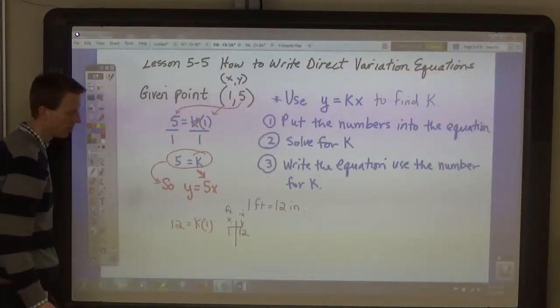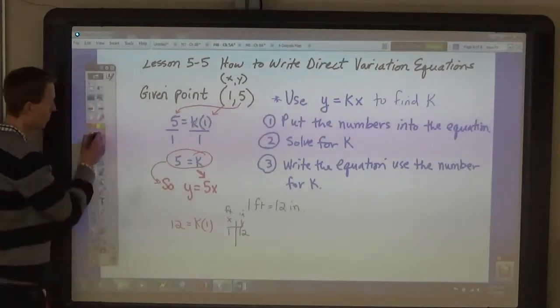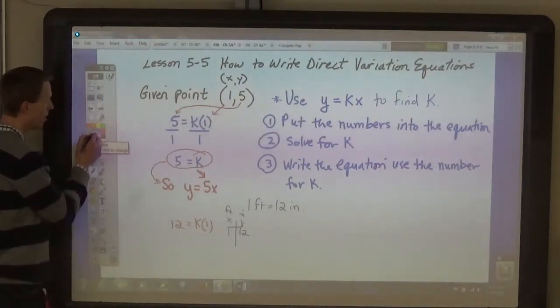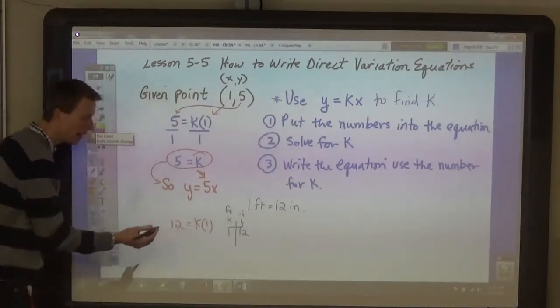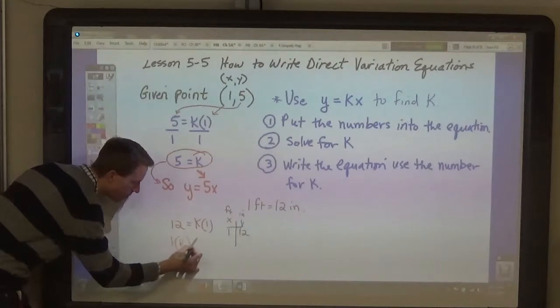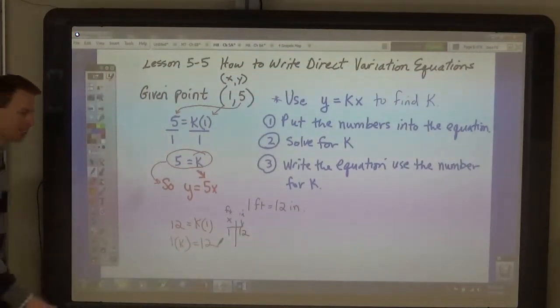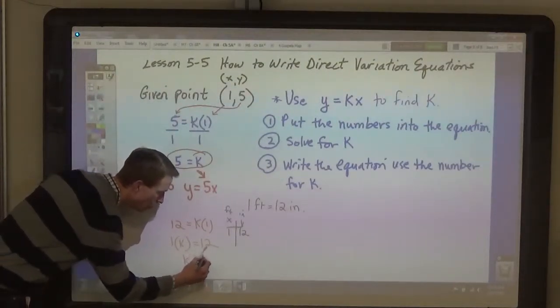It's confusing because you think that x always goes on the left and y always goes on the right. You could write it that way, 1 times k equals 12. That's better. So k equals 12.